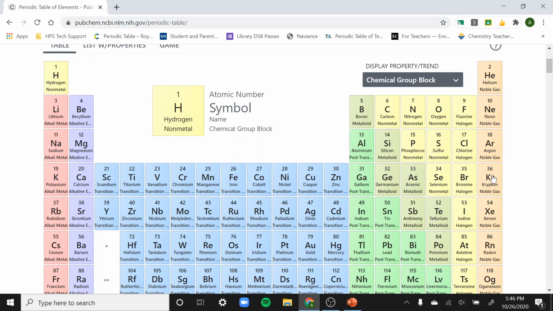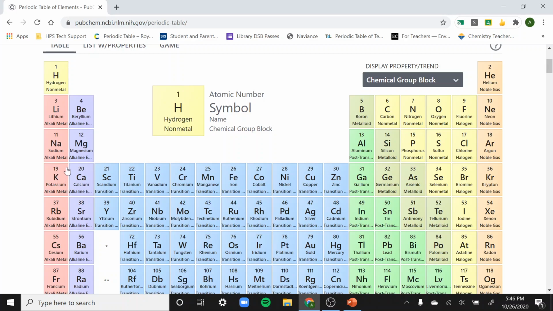Because over here in this column, group number 8 on the periodic table, these are called the noble gases. You probably remember that from middle school. These gases are non-reactive. These are non-metals. They have 8 valence electrons, very stable elements. Potassium is a metal, not a non-metal.